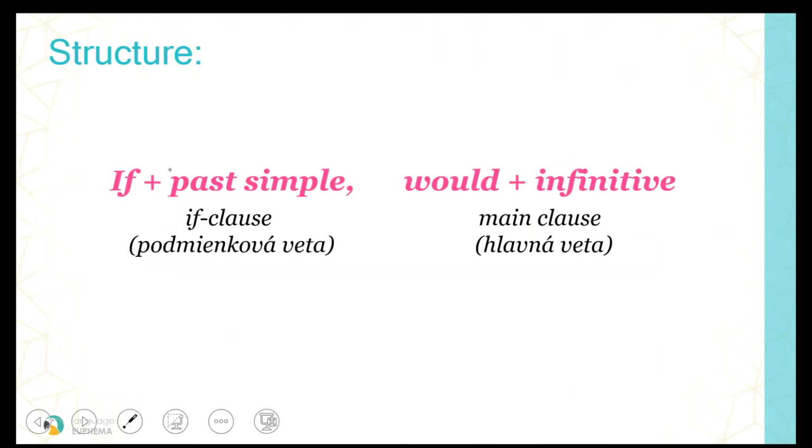Okay, let's see the structure now. The first one here in this example is the if clause, and the second one is the main clause. In the if clause, we always have to use the word if, and we have to follow with a past simple. The main clause is different because we have to use would and infinitive.